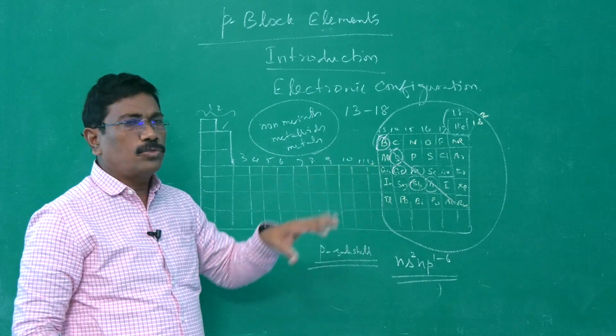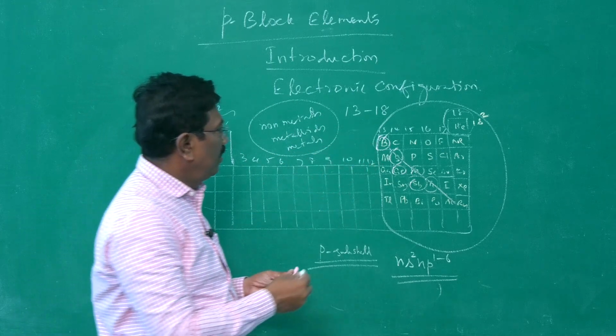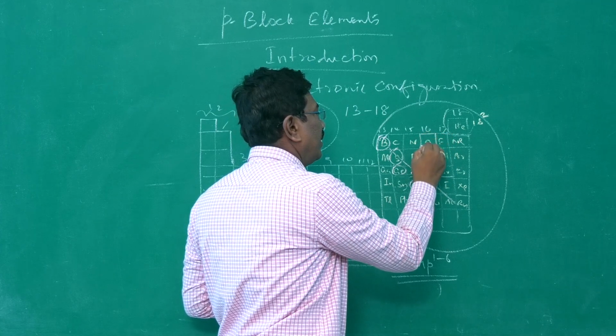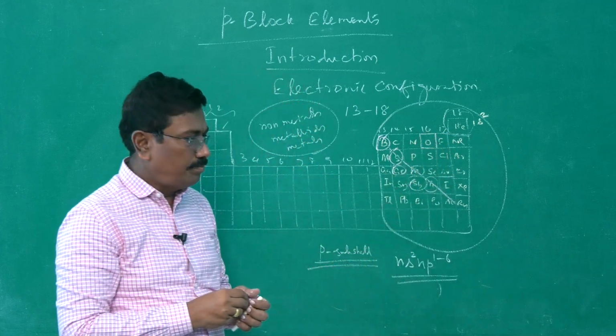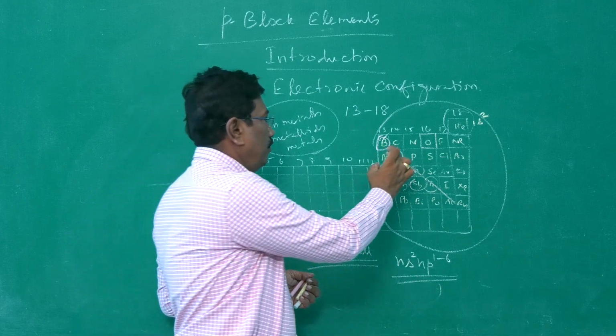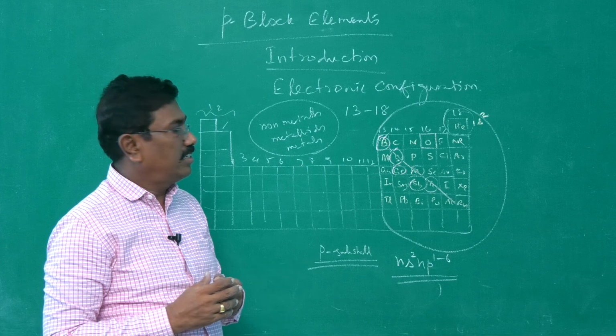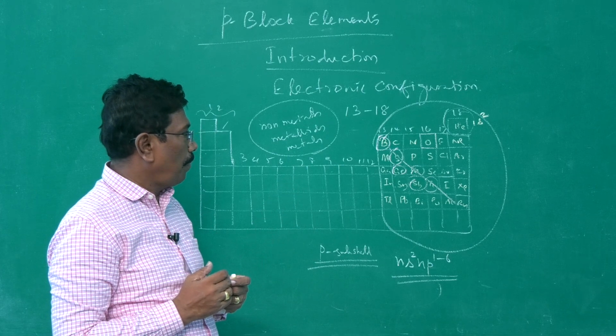And P block elements are so important since we come across oxygen. Without oxygen we cannot imagine our life. And aluminum is very important: most household utensils and aeroplane parts are made of aluminum.